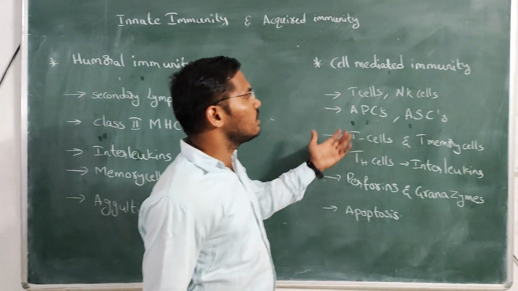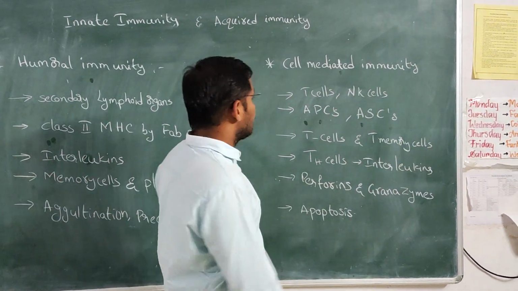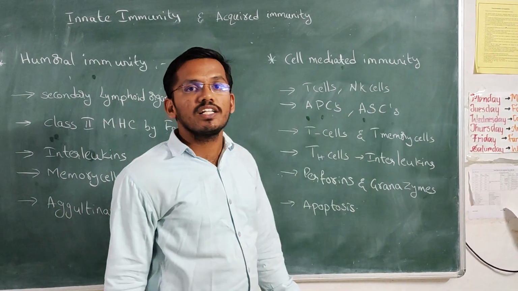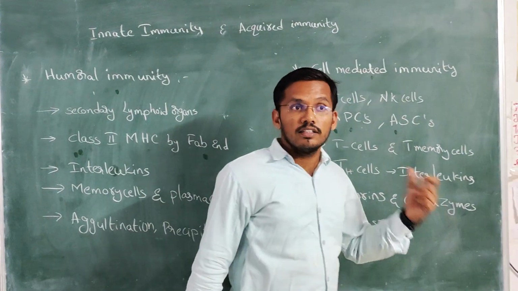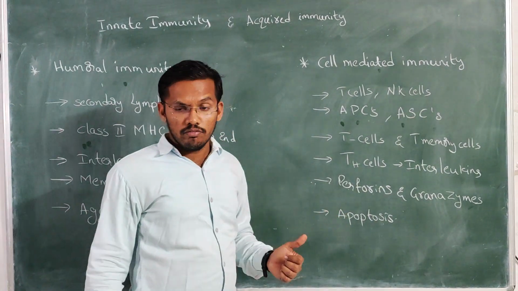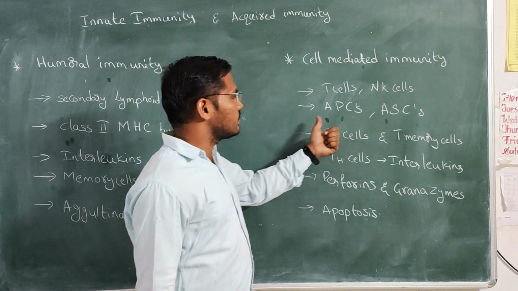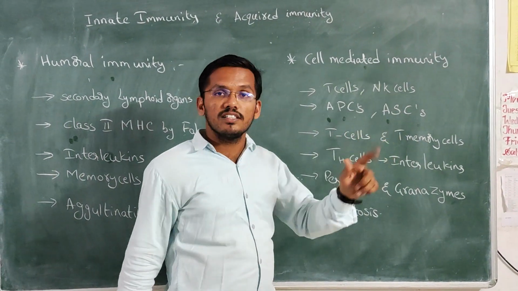Now coming to the next one, cell-mediated immunity. In this, the T cells and natural killer cells, called T cytotoxic cells or NK cells, play the important role in mediating this immunity. The next major thing is APCs and ASCs, antigen presenting cells and altered cells.